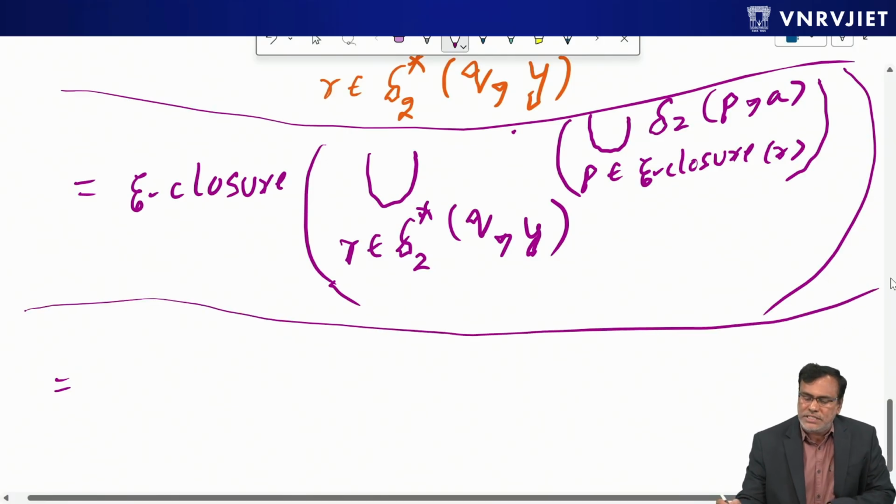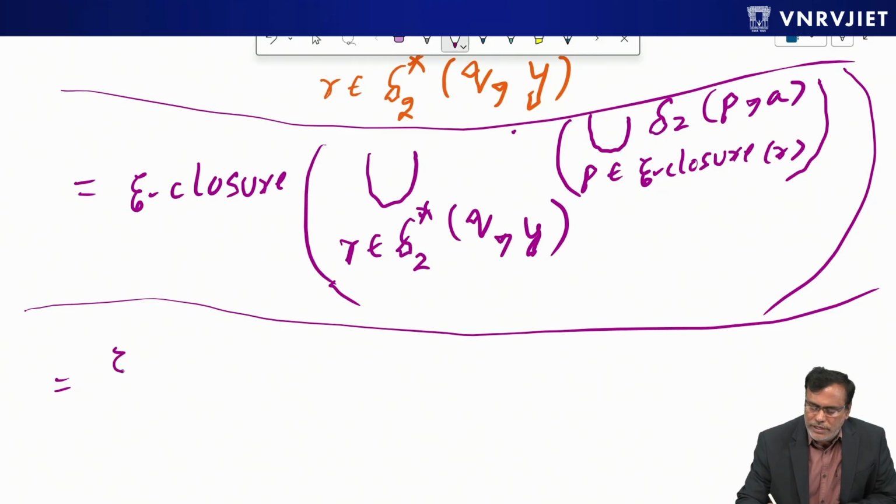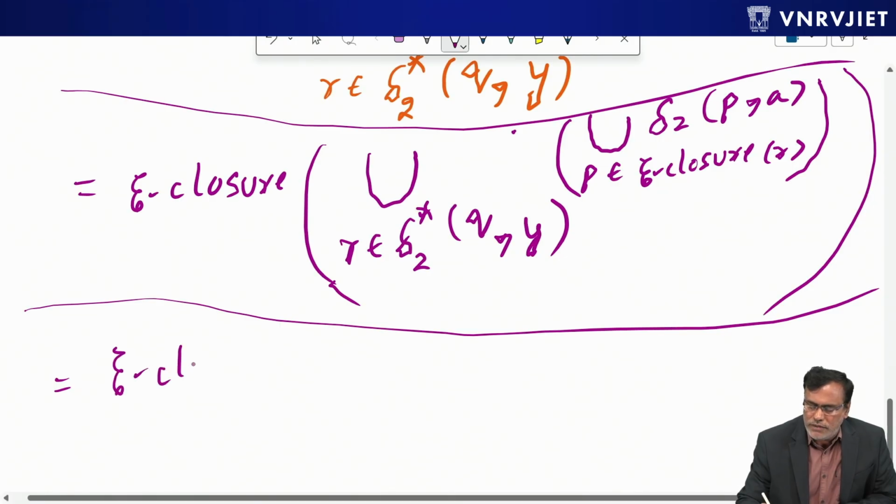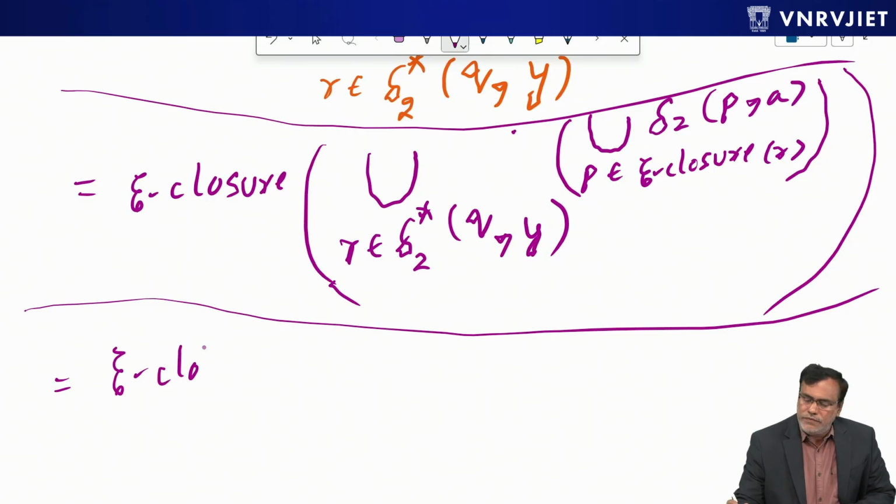Two unions are unnecessary, I am saying, since this epsilon closure of R is a subset of this delta 2 star of QY. Therefore, two unions are unnecessary. So I am writing epsilon closure of, and I am going to put only one union.